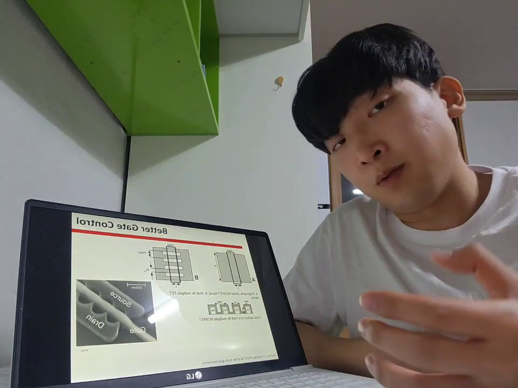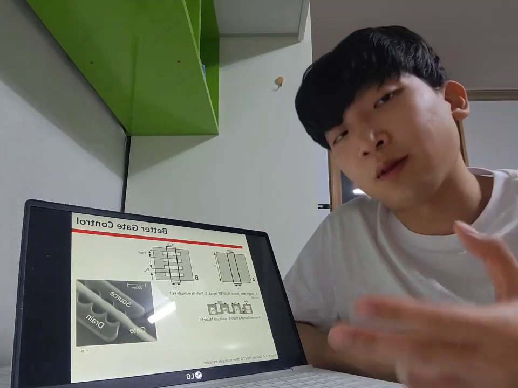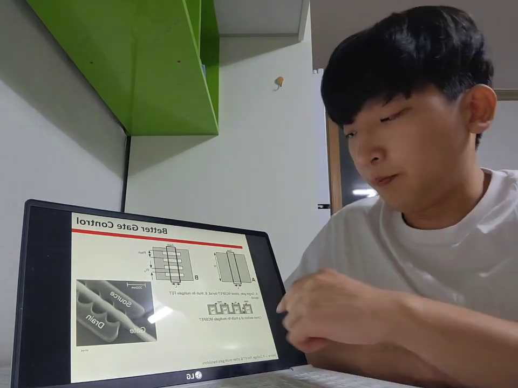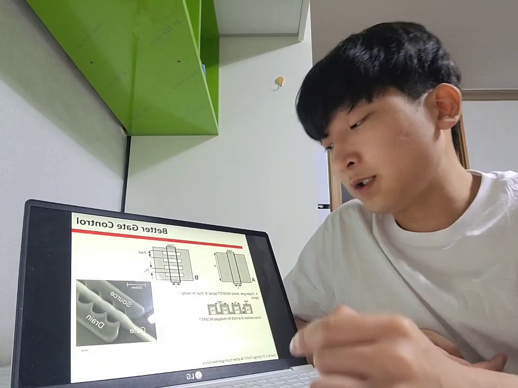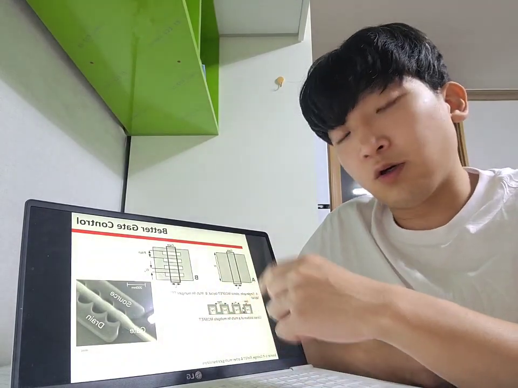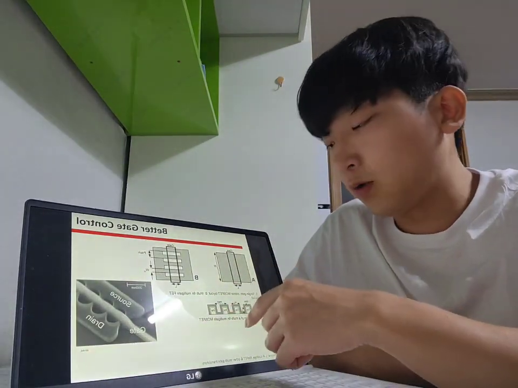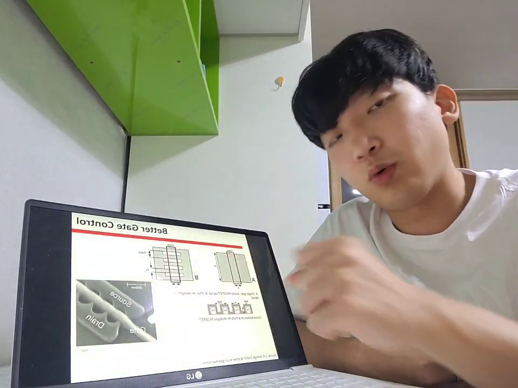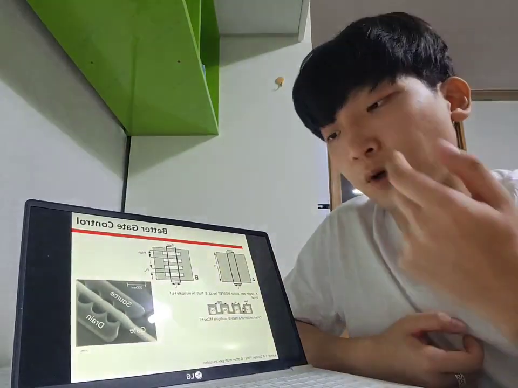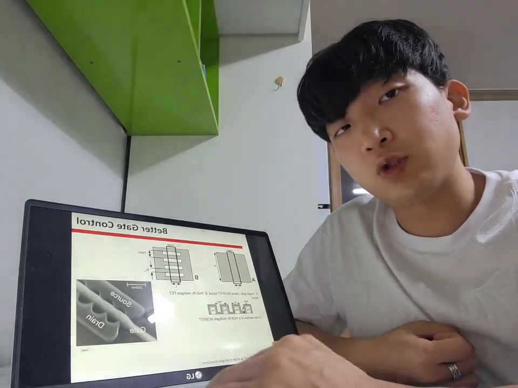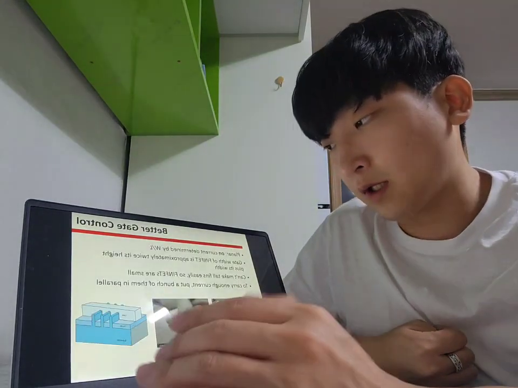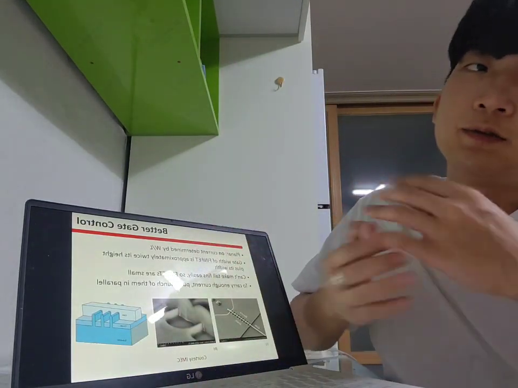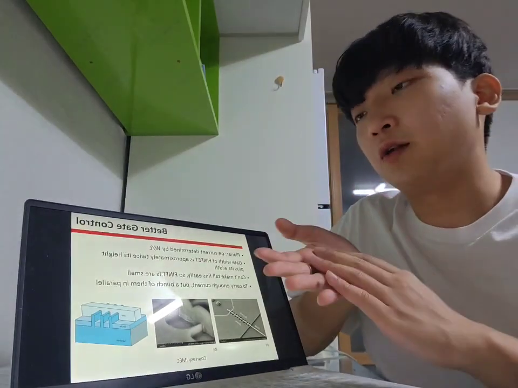So the total width will grow, and if you look like this, we can control the channel from the top, the sideways, and the bottom. So we can control it from four ways. That means we can control the channel more easily.